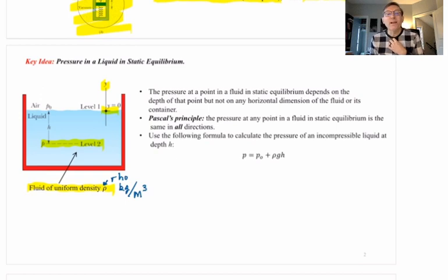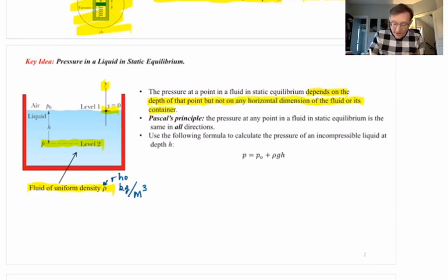Okay, so let me just point out some key points about that pressure P at level 2. The pressure P at level 2, at a certain point in the fluid, and this fluid is said to be in static equilibrium, not moving, not accelerating. That pressure depends on the depth of that point, but not on any horizontal dimension of the fluid or its container.